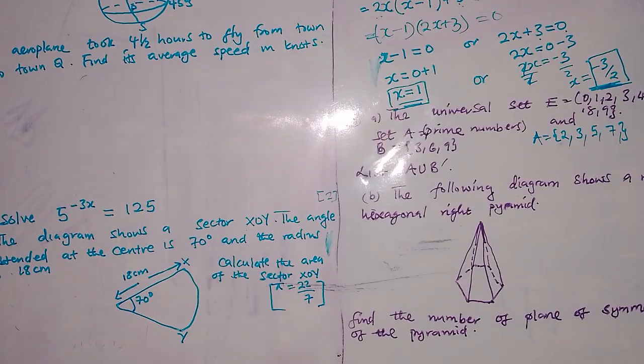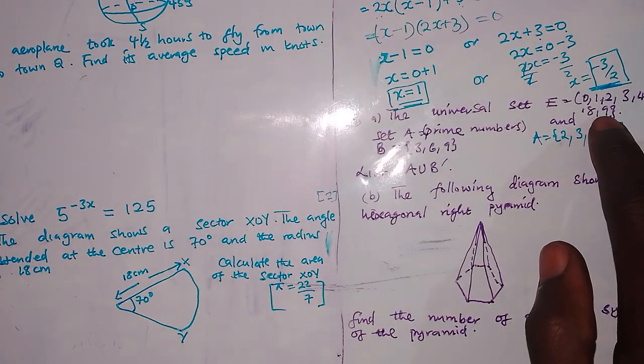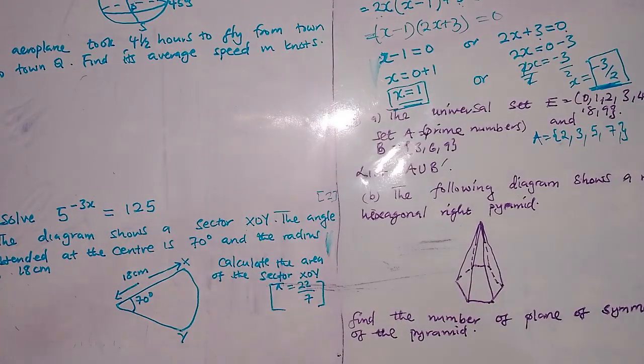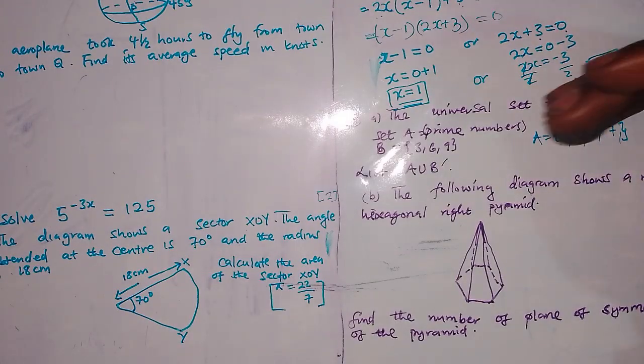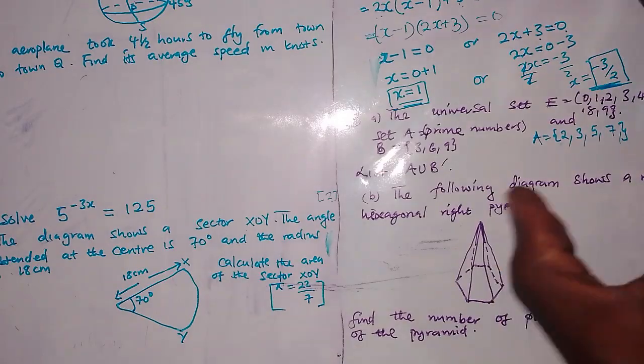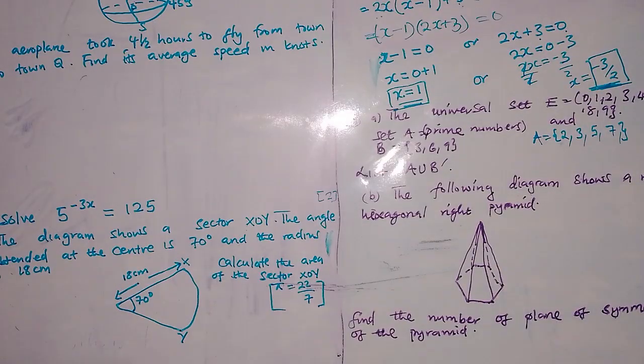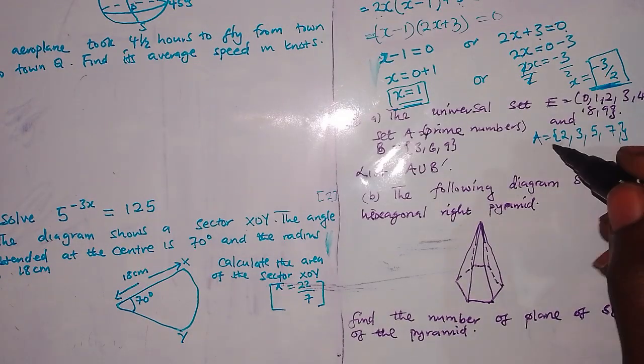Because our universal set is ending at 9. So meaning we cannot go above 9 as we are listing these prime numbers. Again, we cannot go below 0 as we are listing these prime numbers. So this is our set A, and our set B is what?